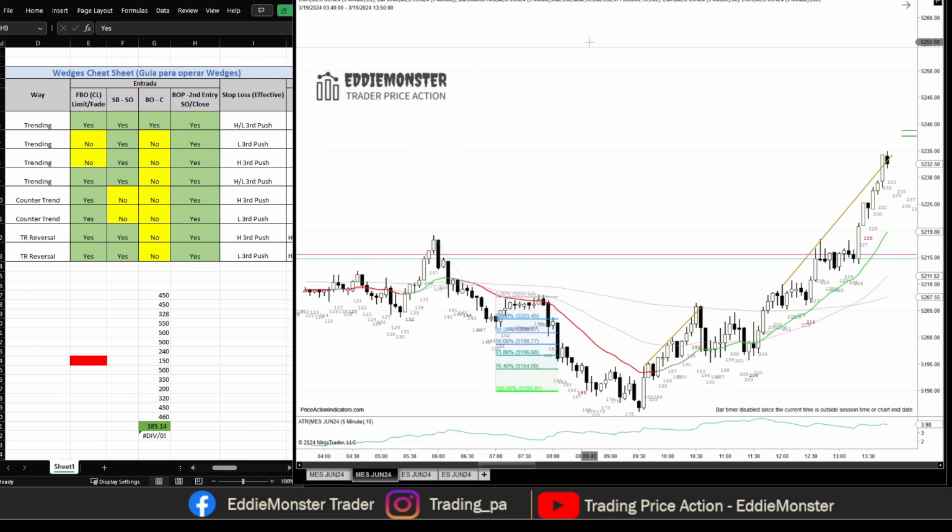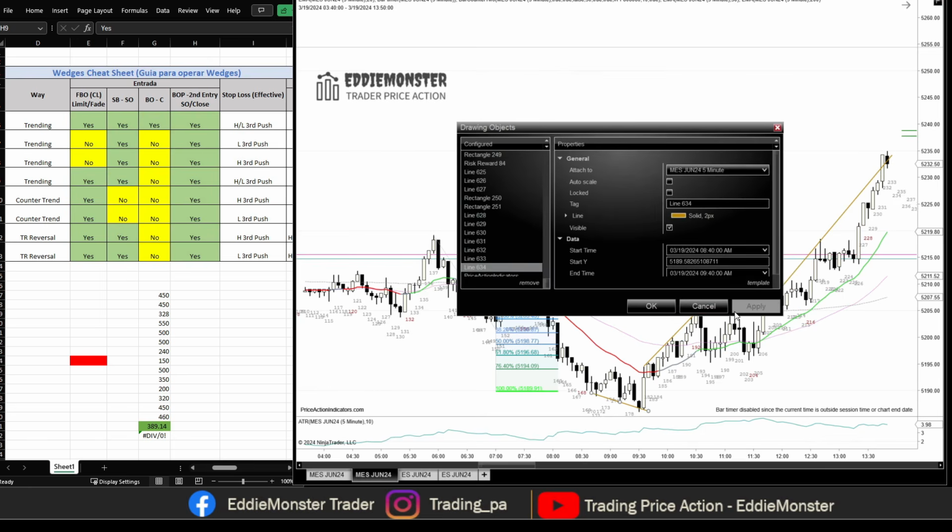Here we have a wedge bottom. So you can see there, this is 1, 2, it's not perfect, 3, right? It's not perfect, so it's hard to get it, but let's look at this. This is a spike, right?